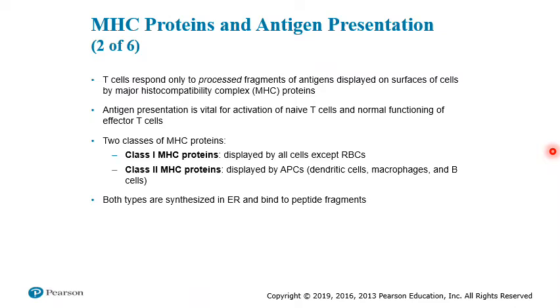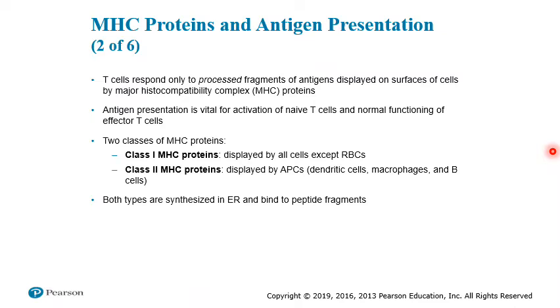This page mentioned something about major histocompatibility complex. There are two classes of major histocompatibility complex proteins. You call them MHC so that they will not be tongue twisters. There are two classes, the class 1 MHC and class 2 MHC.